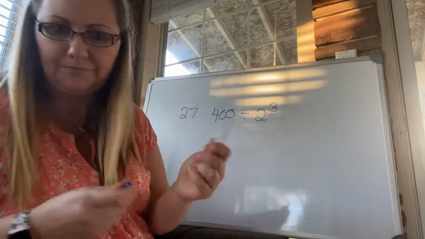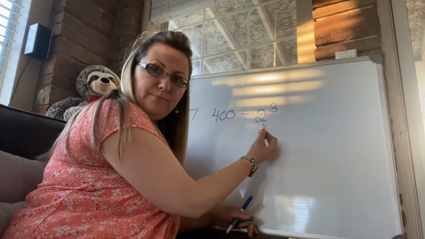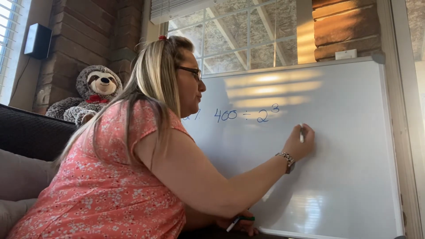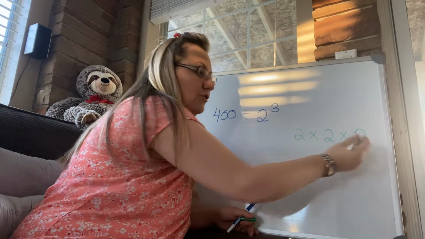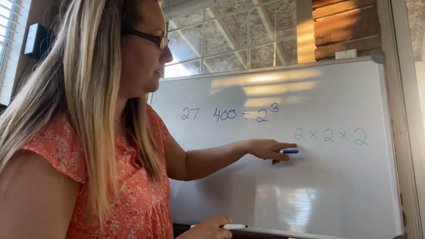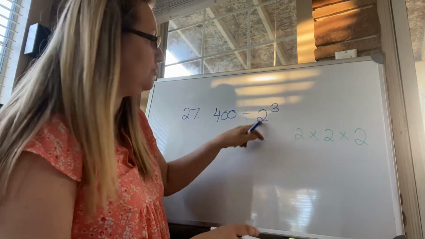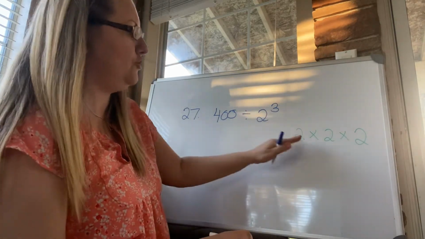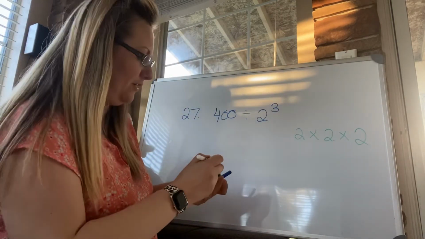That means, let me write it over here for you. That means you're going to take this base number 2 and you're going to say 2 times 2 times 2. So you're going to multiply that factor 2 by itself 3 times. So 2 to the third power means 2 times 2 times 2. It's like this 2 is exploding into this much bigger number.